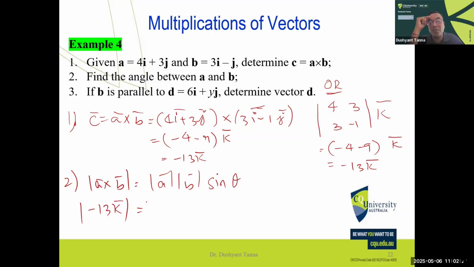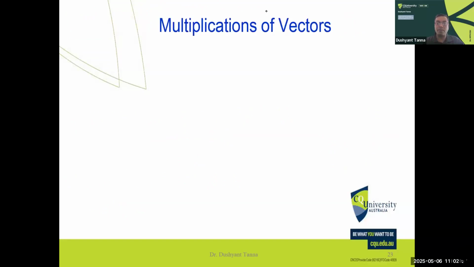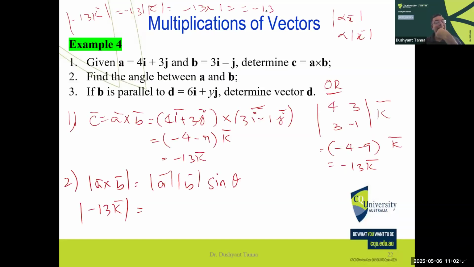Up here, we are talking about the length of a vector. So only the k goes away. Because when I'm talking about the length of a vector, for example, alpha x bar, its magnitude is alpha times x bar. So in our situation, minus 13k magnitude is minus 13 times the magnitude of k. Magnitude of k is 1, so it's minus 13.